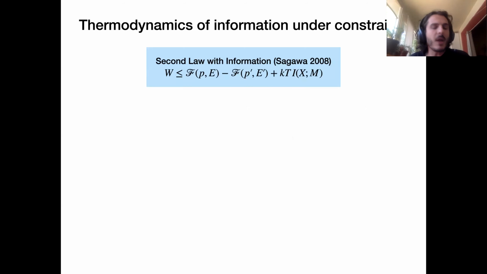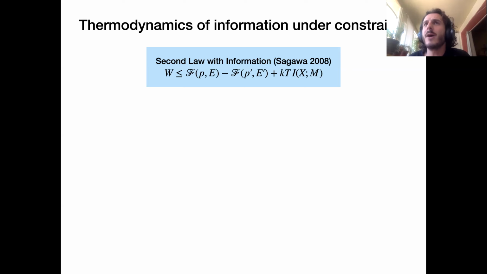Many are familiar with this equation, which is sometimes called the second law with information. It says that if we make a measurement of a system and acquire some number of bits of information about it, here the mutual information term I(X;M), then afterwards we can use that information to increase the amount of work we extract from the system by KT times the number of bits.